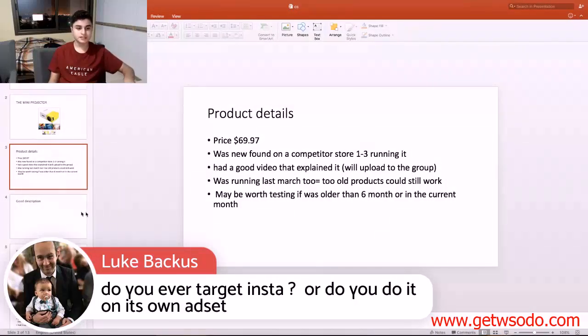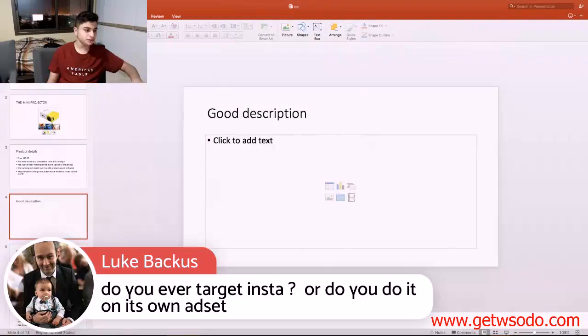It has a good description. Let me show you a description that I rewrote. It's not the same description that was on the store. I'll show a good example of a good description. Let me get the description.